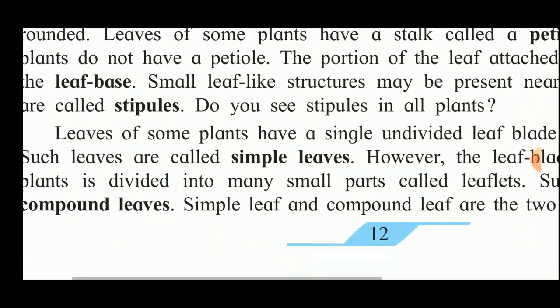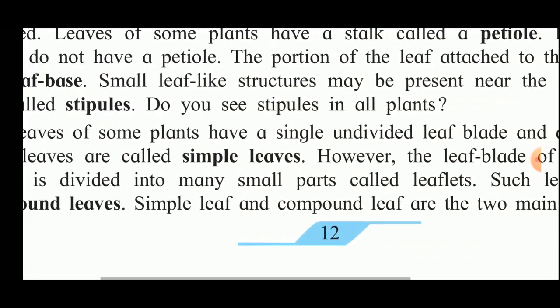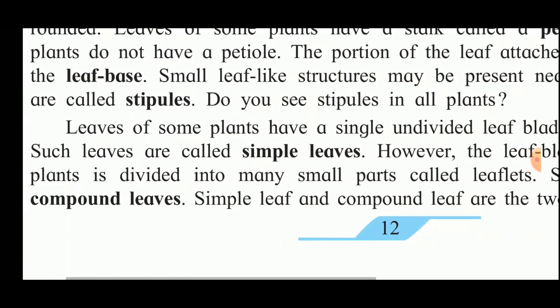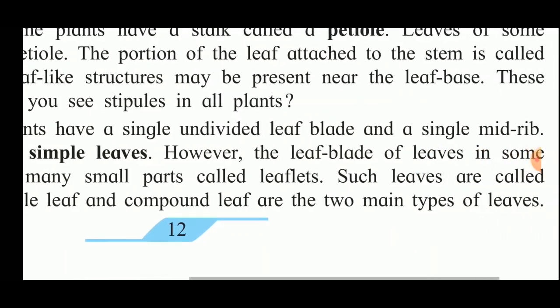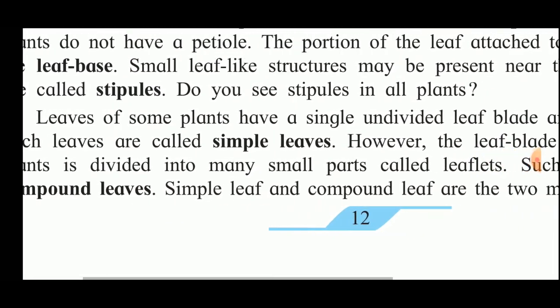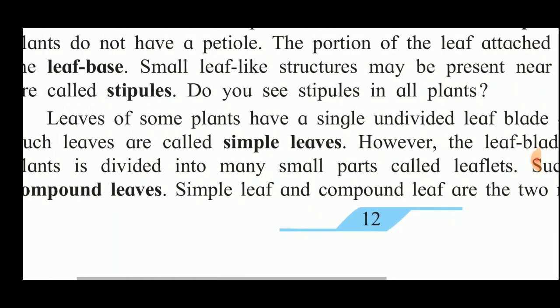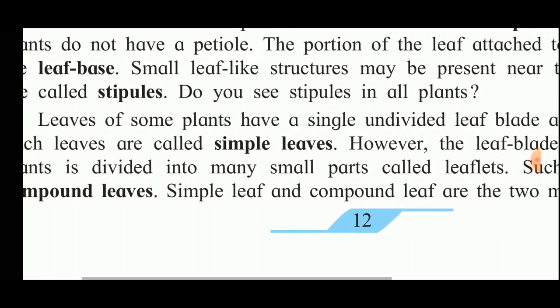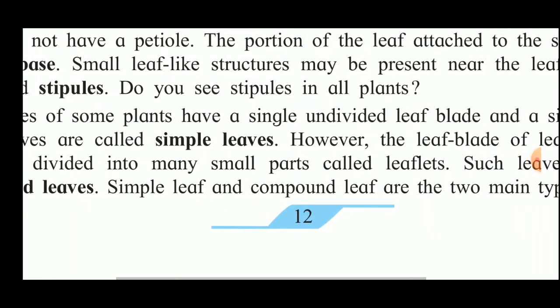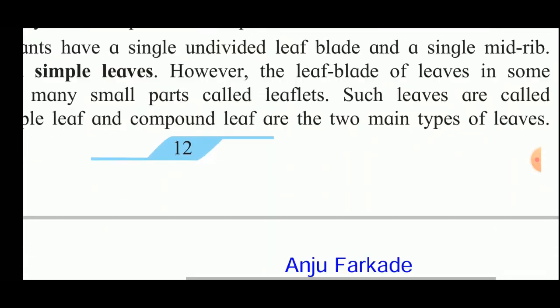Leaves of some plants have a single undivided leaf blade and a single midrib. Such leaves are called simple leaves. However, the leaf blade in some plants is divided into many small parts called leaflets. Such leaves are called compound leaves. Simple leaf and compound leaf are the two main types of leaves.